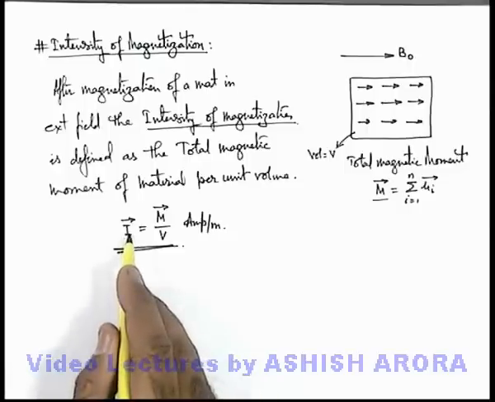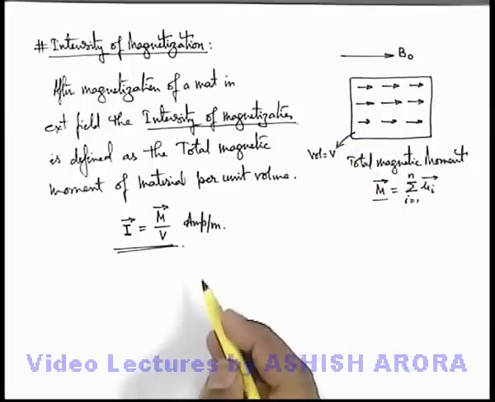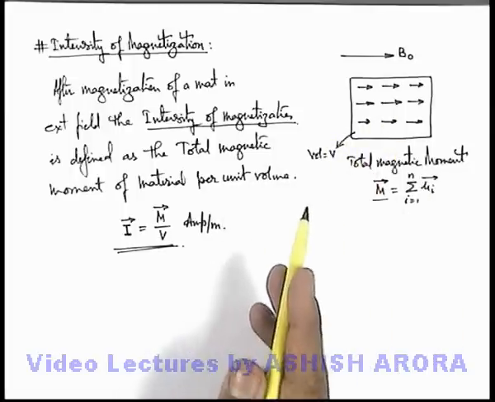And we can simply state this I is a measure of magnetic field which is produced by the dipoles of the medium which is magnetized.